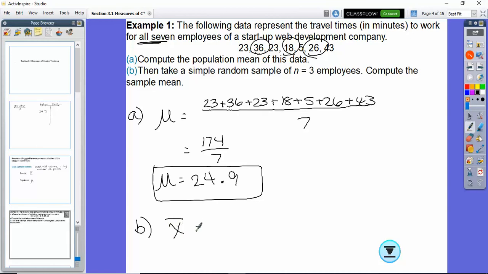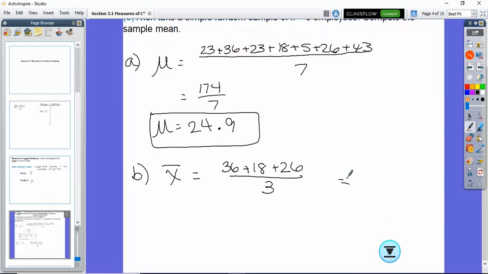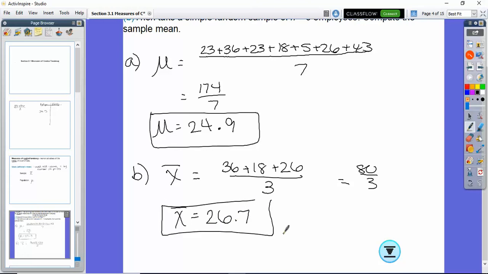The only difference is my notation now, that's X bar. And I only have 3 points, so I'm dividing by 3. And I get 26.7 approximately.